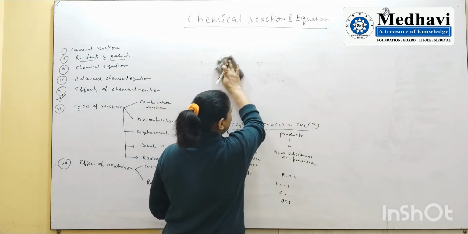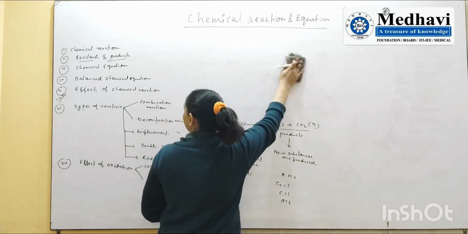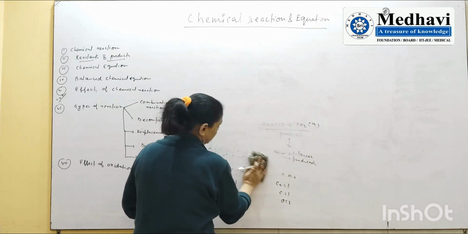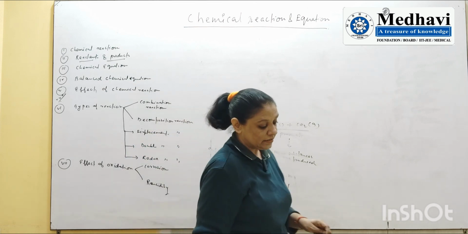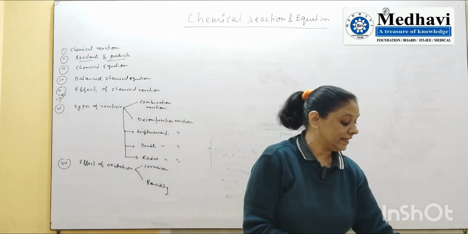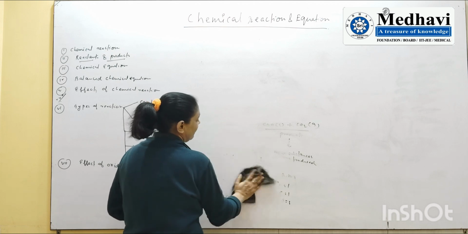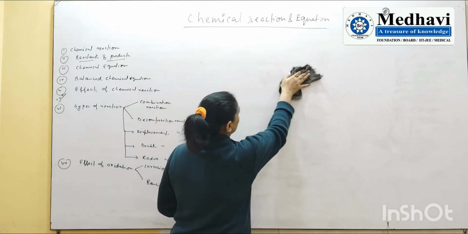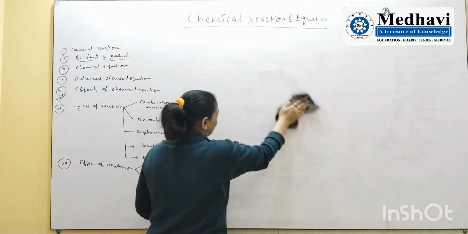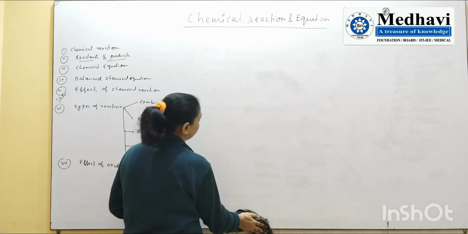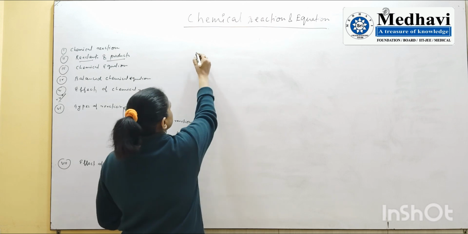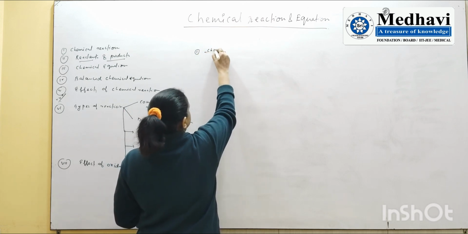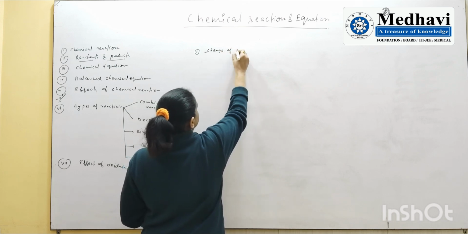After that, we have to know what the effects of a chemical reaction are. Very important points. When a chemical reaction takes place, what effects can we observe? That is important to know. The first effect of a chemical reaction is the change of state.